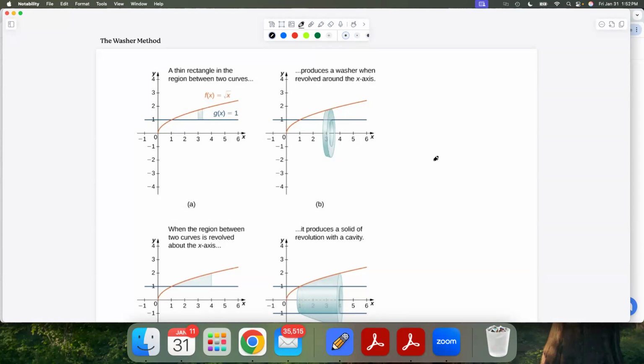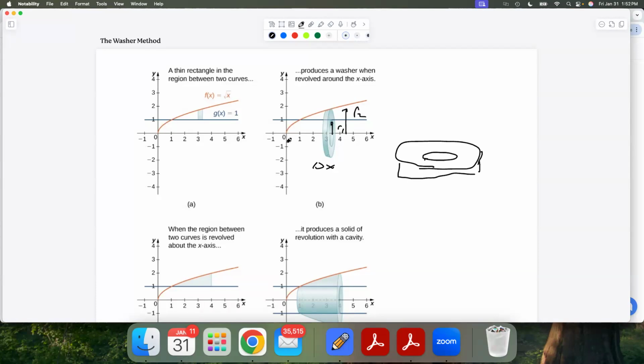So if I were to draw this guy sideways, a washer, two circles where the inside has been cut out, and it'll have some thickness here. So this little thickness will be some delta x, and we'll have two radii. We'll have some inner radius, maybe we'll call that R1, and some outer radius R2.